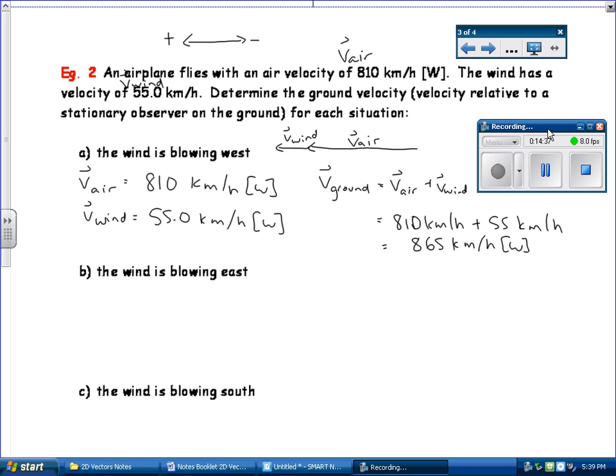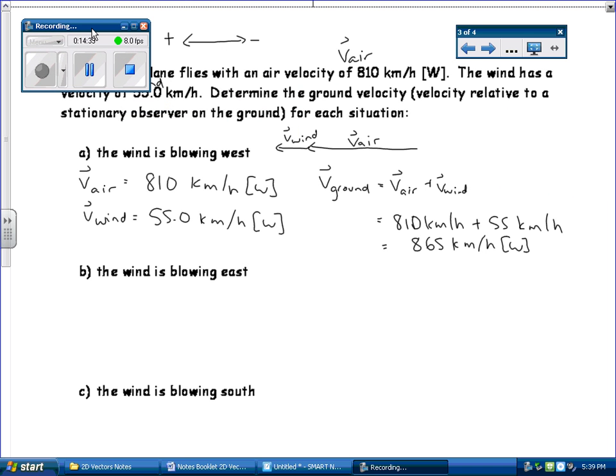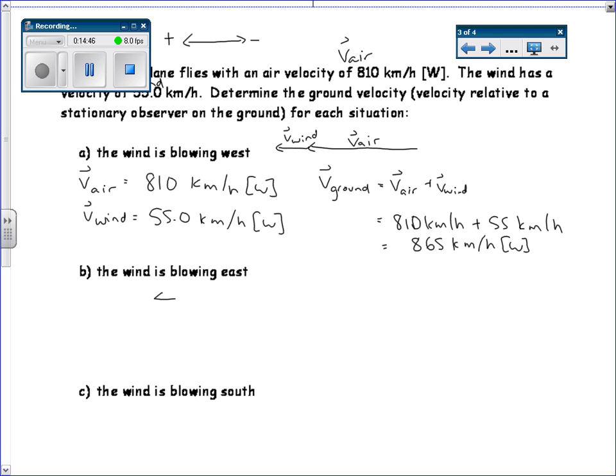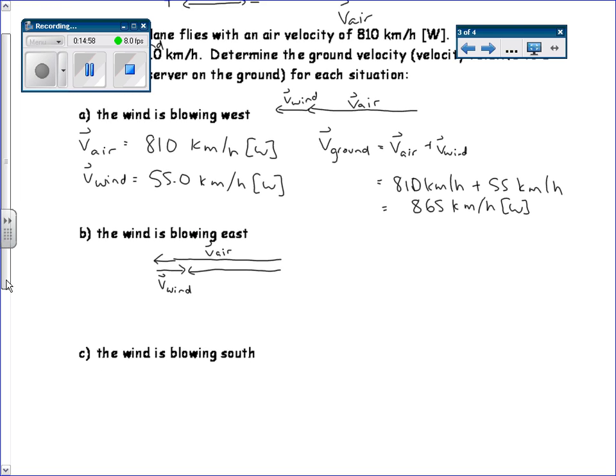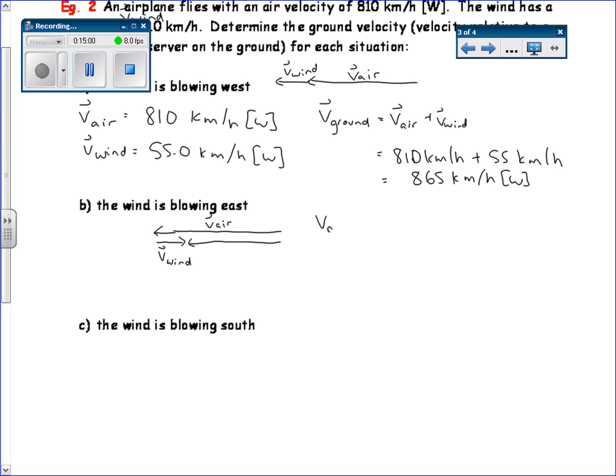Now we're going to make the wind blowing east. So we still have the plane flying west, there's the velocity of the plane in the air, and now the wind is east, so that's the velocity of the wind. The overall velocity of the plane relative to the ground is going to look a little smaller. It's still the vector sum: the velocity of the plane in air plus the velocity of the wind.